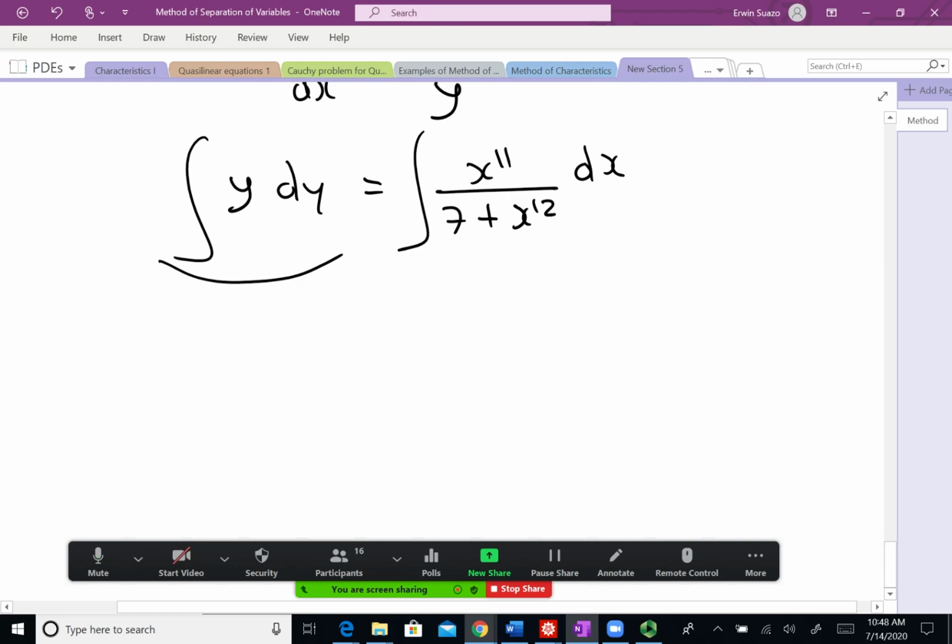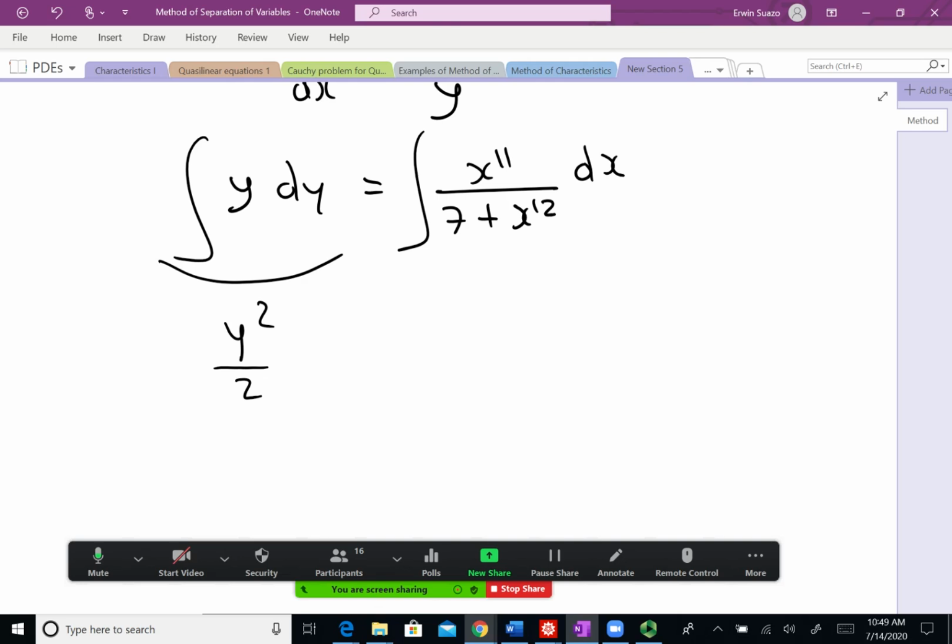This one, y squared over 2. Now, how do we do the integral on the right? So you can use substitution, integration by parts.